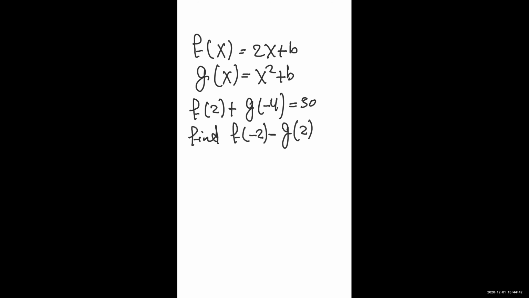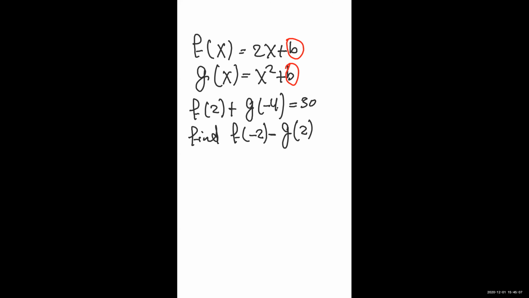Actually, I have to get f of x and g of x without that variable, because there is one unknown variable here, it's b, okay? So if I get f of negative 2, it will equal 2x, then what about b? So how to solve this one?